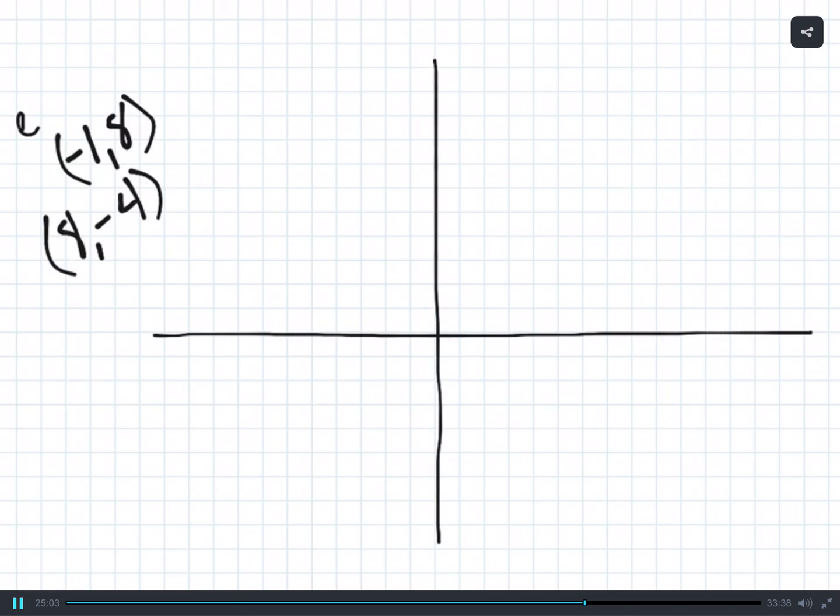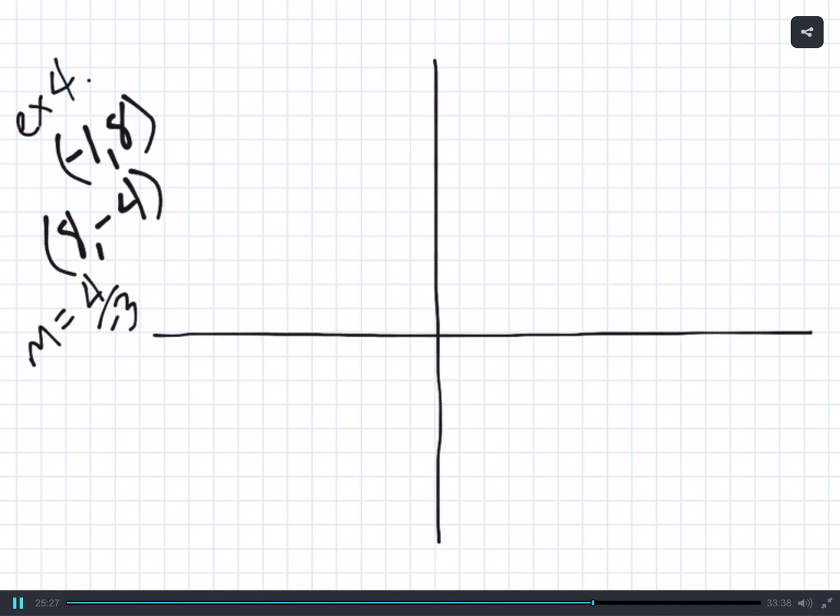All right, so if you remember back at example number 4, if you just look up on your paper a little bit, when we used the slope formula to find the slope between these 2 points, we got 4 over negative 3. What I want to do is just show you a way to double check your work.